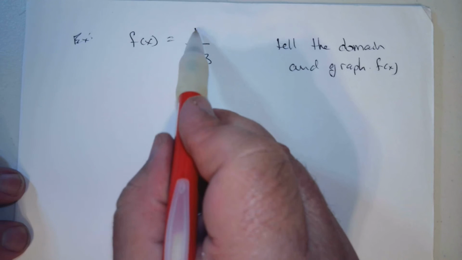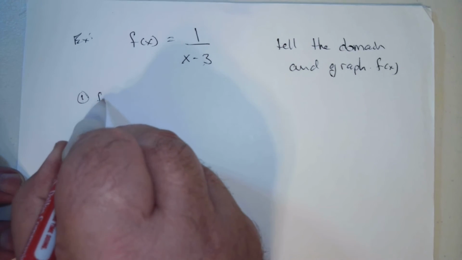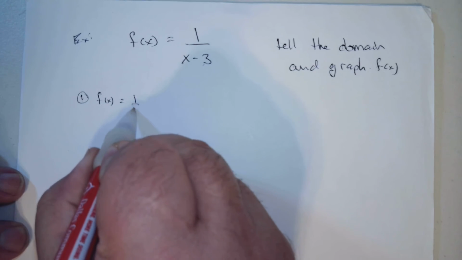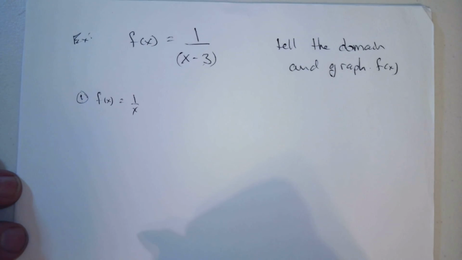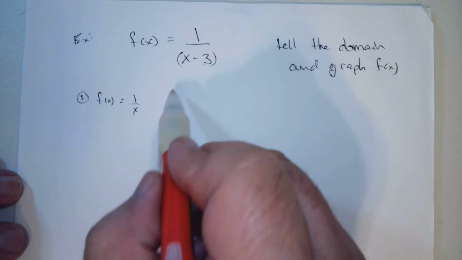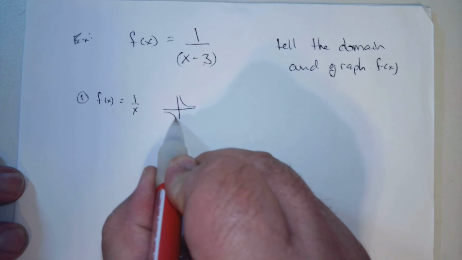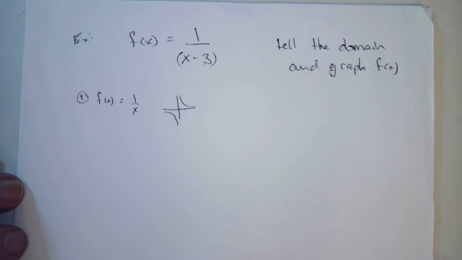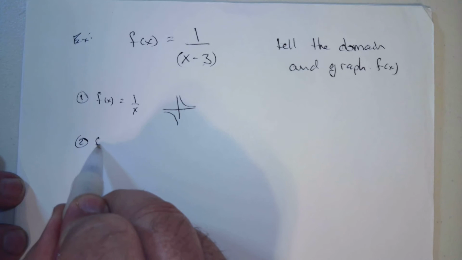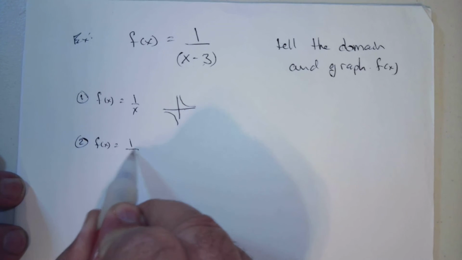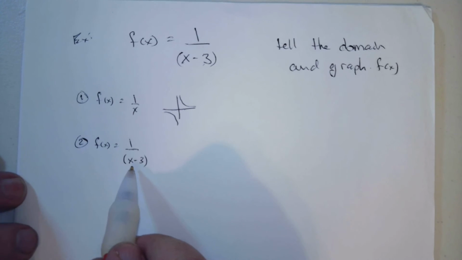Actually, in the past we saw that this basic function looks like 1 over x. So since it's 1 over x, from our library of functions, we know the graph looks like this. Then we notice that the bottom shifted.